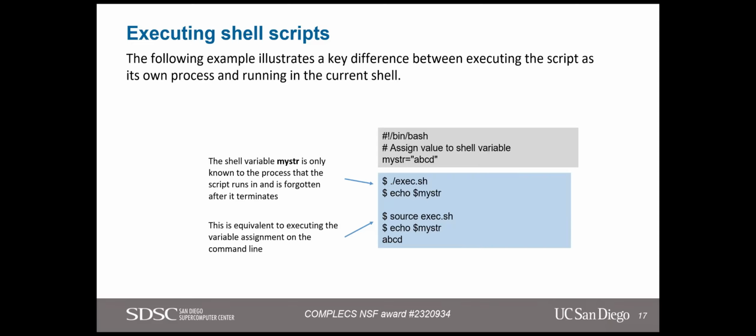So if we run the exec.sh, it will assign the variable in the subshell, but when it's finished and you come out into your normal shell and you echo my string, it's not going to know what it is. However, if you do want your environment to change, you can say source exec.sh, and then your whole environment changes. So now for the rest of your session, unless you change the variable name, you can echo my string and it will give you back ABCD.